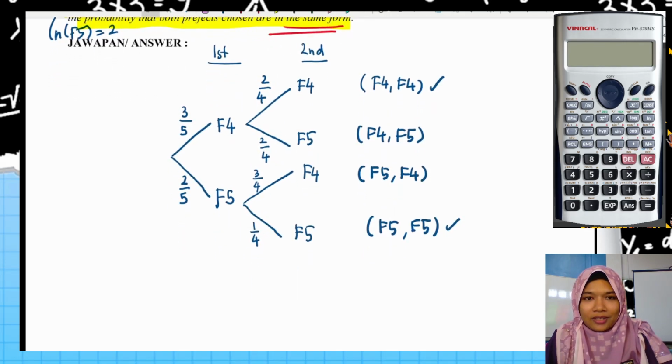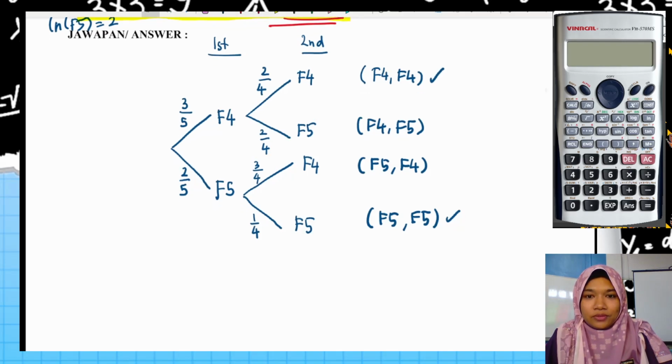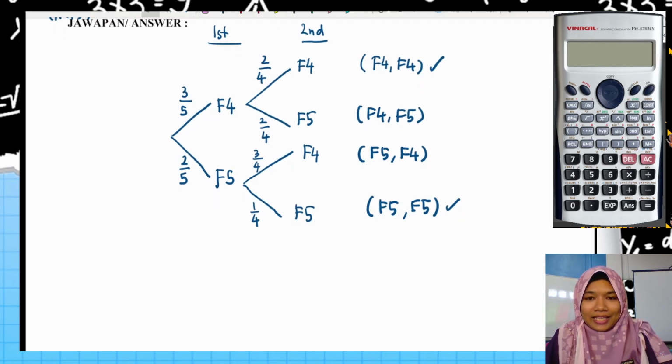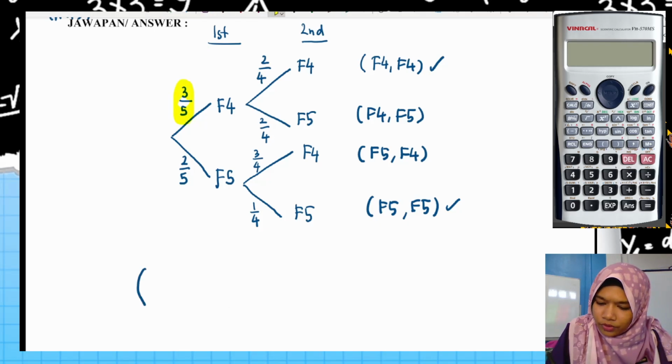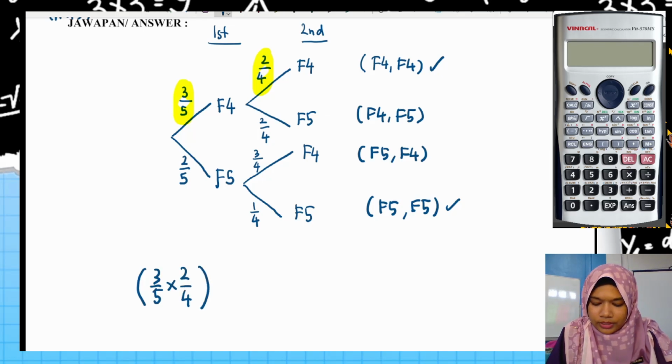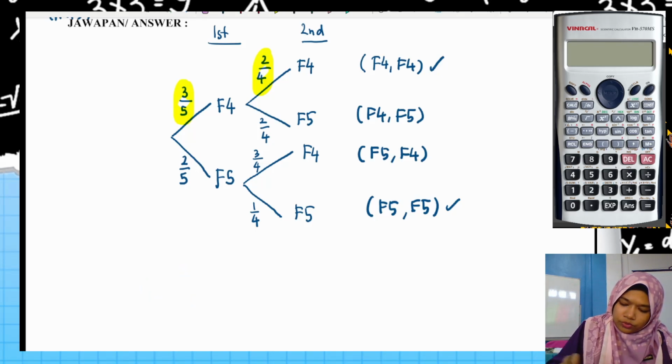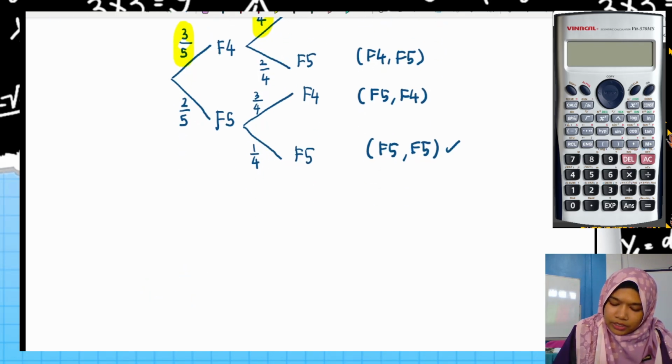Form 4 and Form 4, you have to multiply, darab. Okay, so Form 4, Form 4. Tengok yang cikgu dah highlight tu. 3/5 times 2/4. Okay, cikgu tulis dulu. Apa yang awak nak kena buat tu?